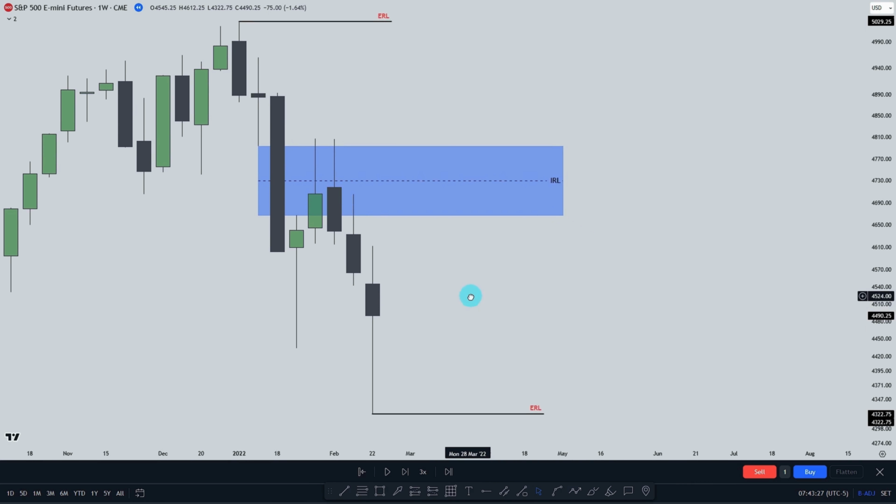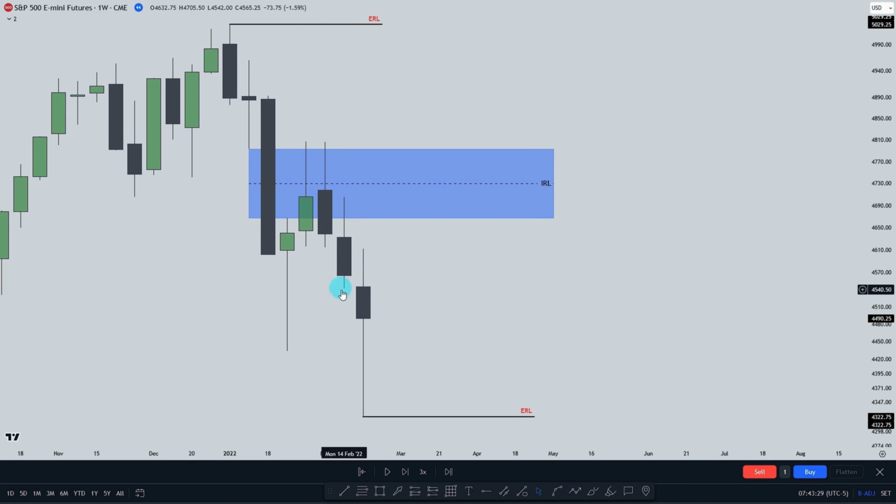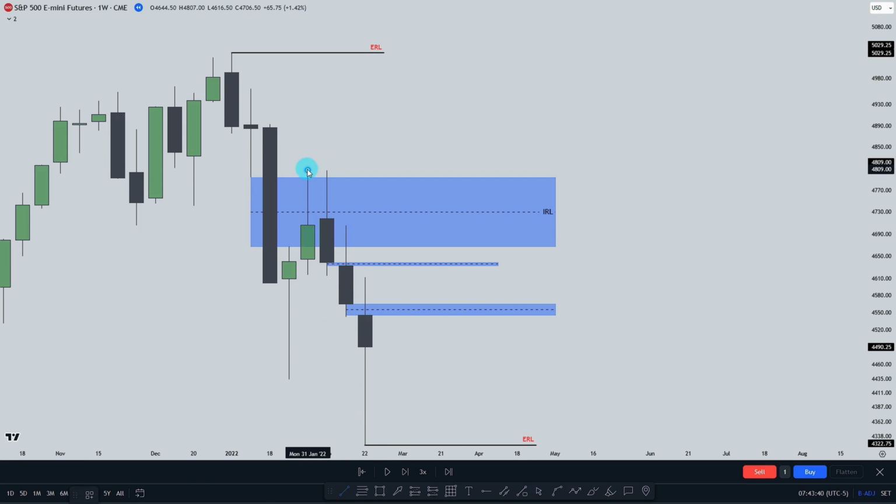So internal range liquidity could either be one of these volume imbalances we have within here, or it could be these swing highs up here. So let's see what happens.